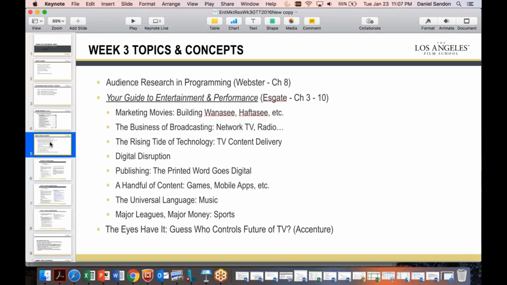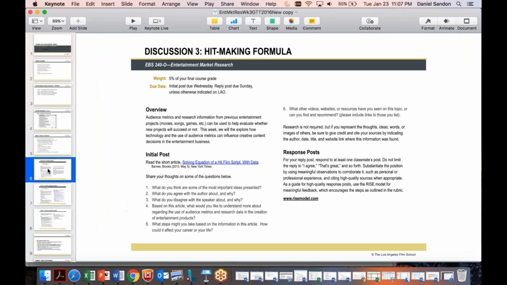And so here's an article by them that says, "The eyes have it. Guess who controls the future of TV?" Okay, so here's what we're looking at: the creating of content by learning from previous content that's been done to do a better job of creating new content. So let's talk about our discussion.